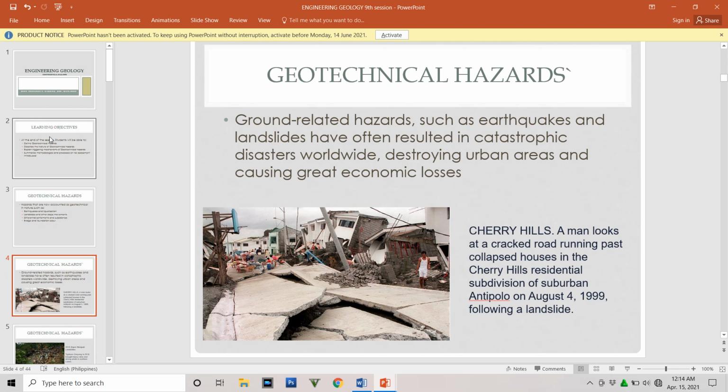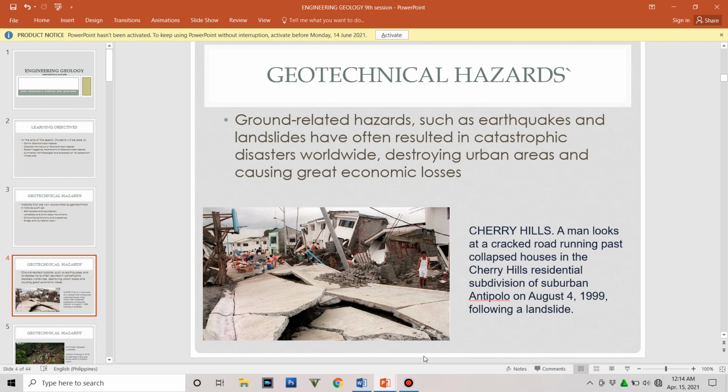Ground-related hazards such as earthquakes and landslides have often resulted in catastrophic disasters worldwide, destroying urban areas and causing great economic losses. We can see here in the slide an example.